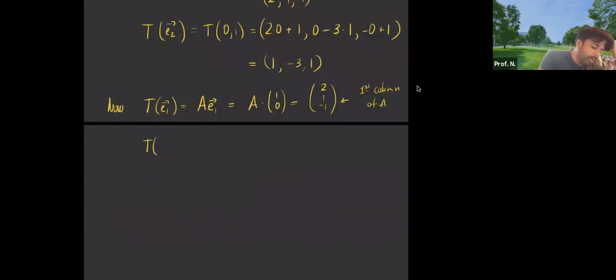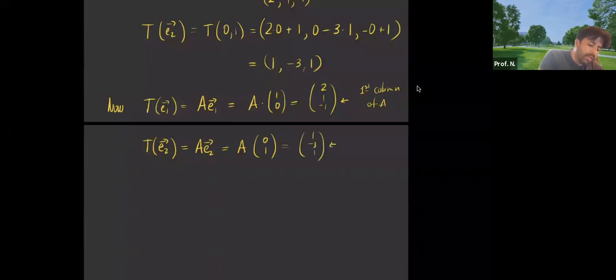The same thing goes for T of E2: I get 1, negative 3, 1, so this is the second column of A. So A is the matrix with columns 2, 1, negative 1 and 1, negative 3, 1.